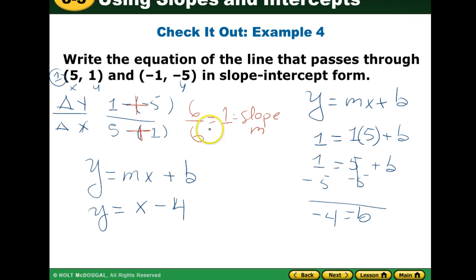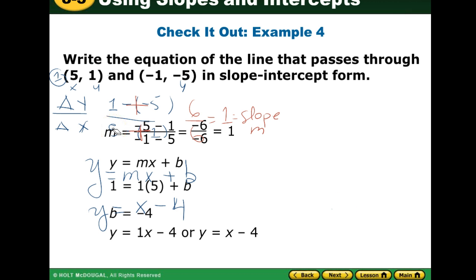So again, the slope is 1, so I do not have to write 1 times x. We all know that's y = x - 4.